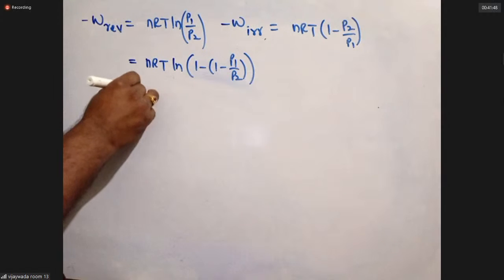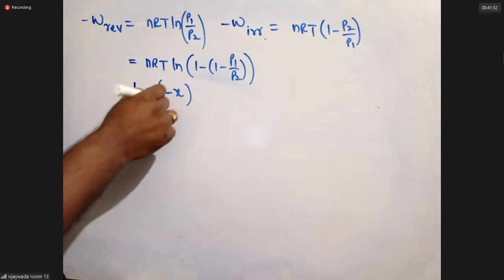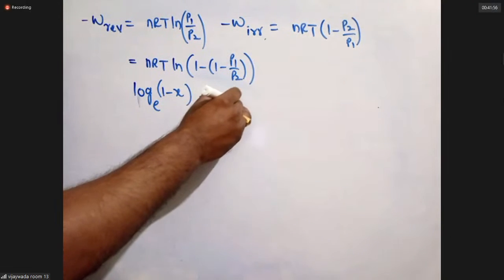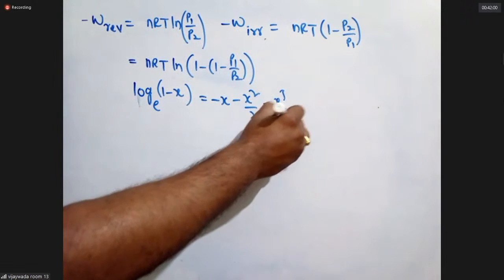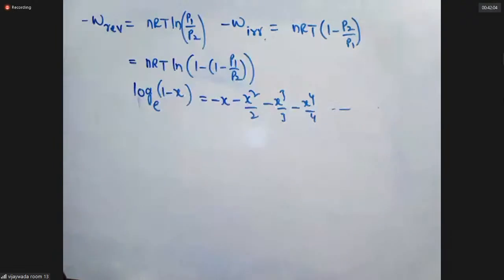We studied, students, the expansion of the term log 1 minus x base e. Expansion is minus x minus x square by 2 minus x cube by 3 minus x to the 4 by 4, and so on. It is the expansion of logarithms.